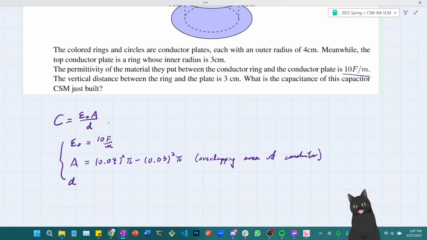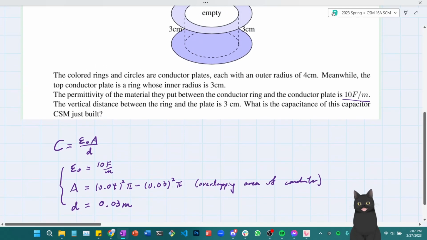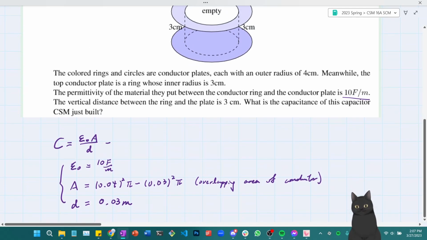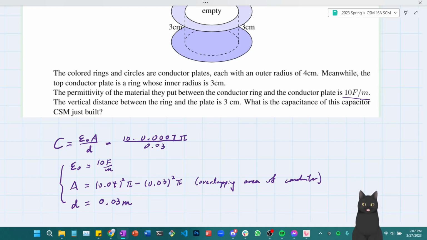And last but not least, D is equal to 0.03 meters, which is 3 centimeters itself. So in total, the capacitance is equal to 10 times 0.0007 pi over 0.03 meters, and that is going to give us the capacitance of our capacitor.